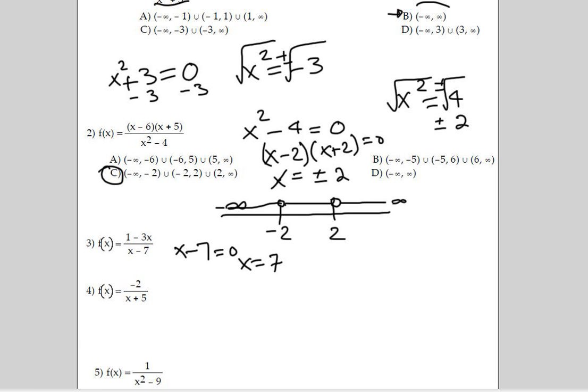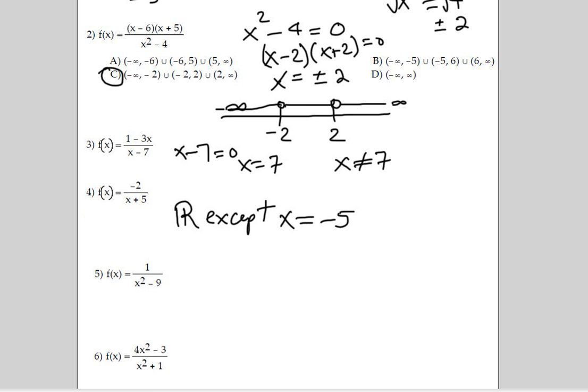The easiest way is to just say x cannot equal 7. So all real numbers except for 7. Same for number 4. That would be all real numbers except negative 5. So x cannot equal negative 5. That's another way of saying that.